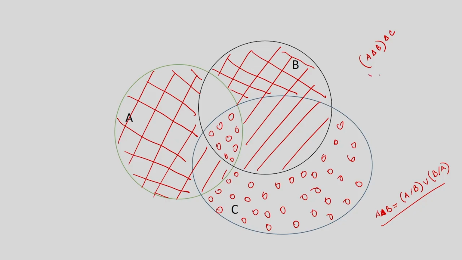So, this notation A delta B and delta C is what region? This is this region plus this plus this. So, what is the region that we are talking about?